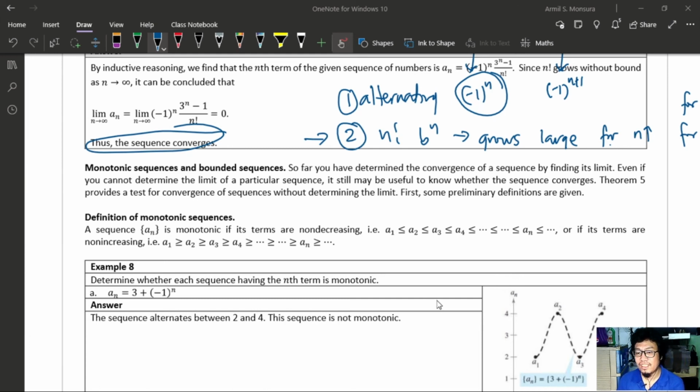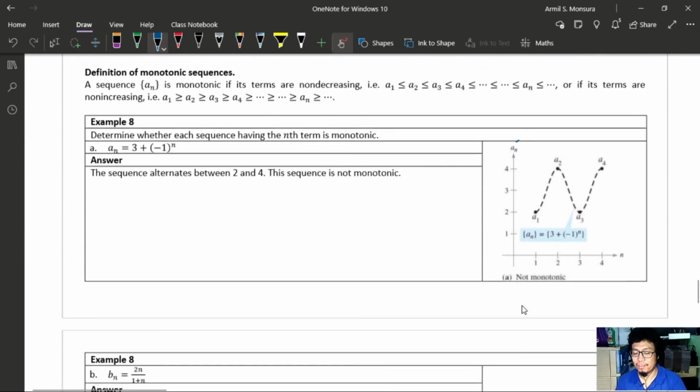Here, since your sequence is oscillating between 2 and 4, this is non-monotonic because your terms increase, then decrease, then increase, and so on. So that's not monotonic. Again, a sequence is monotonic if it is increasing or decreasing exclusively.